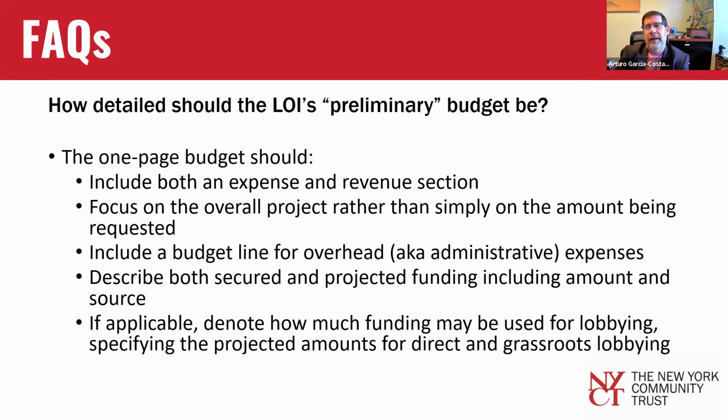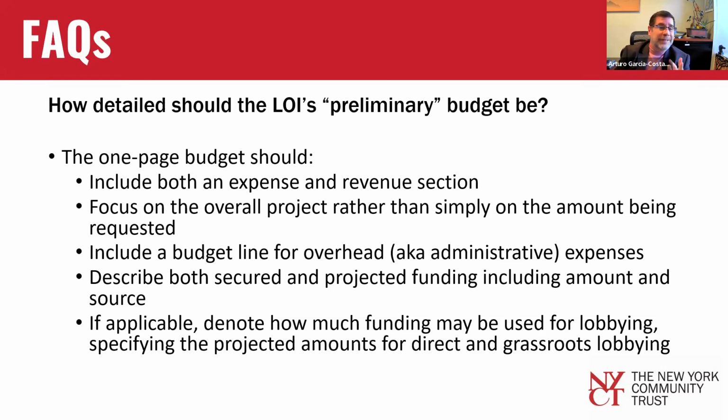And then finally, and this is an important thing, the trust is one of the major funders of the nonprofit sector in New York City. For organizations that maintain a brick and mortar building or office, we think that including administrative overhead of a certain percentage is just good practice.